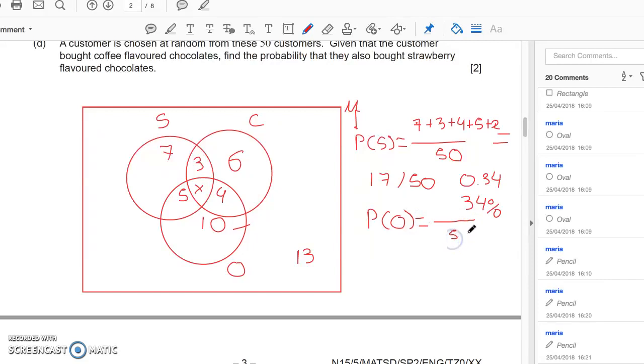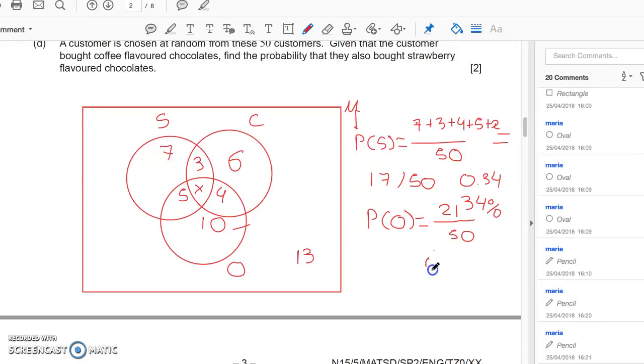Again, my 50 customers. Now I go back to my diagram. How many want the orange? I have my 10, my 4, my 2, and my 5. I can go very fast here. If I add them together, this will be 21 divided by 50.